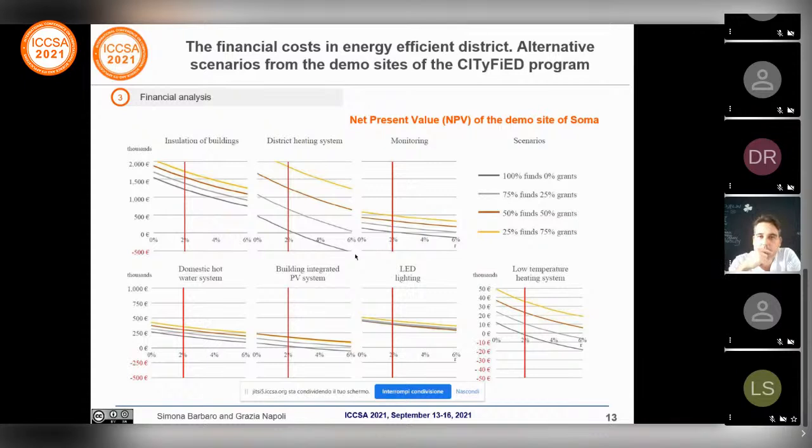The district heating system measure, in particular, is the one that would benefit most from a grant, because the initial cost of the intervention is very high. The other measures are profitable without any grants only applying very low rates between 0 and 2%, but can achieve good economic feasibility if the subsidy covers at least 25% of the investment cost.